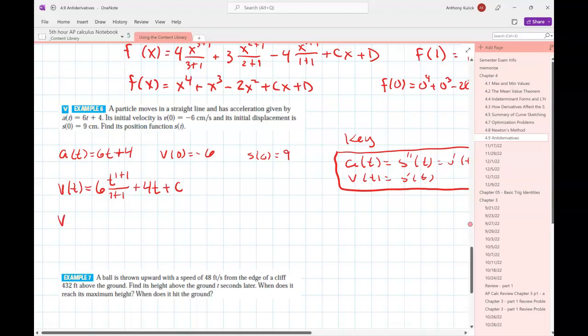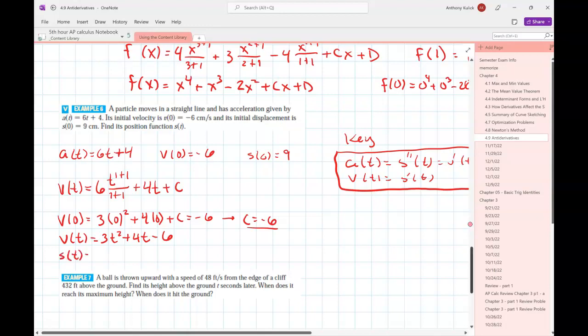To solve for that c, I'm going to do v of 0, which tells me that c is negative 6. So my v of t is going to be 3t squared plus 4t minus 6. So far, so good.